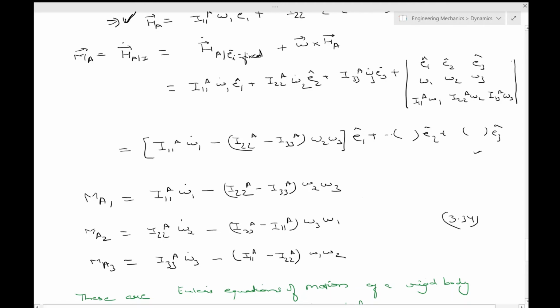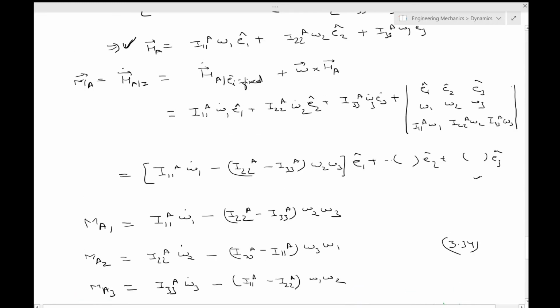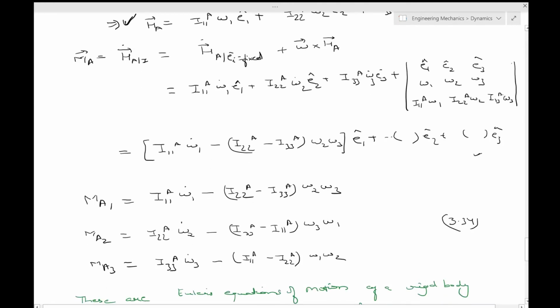So this has been done before. And say if this MA3 term is equal to 0, then this would imply that omega 3 is a constant. So if MA3 is equal to 0, that would mean that this is equal to this, and omega 3 will be a constant if this particular thing will be 0.